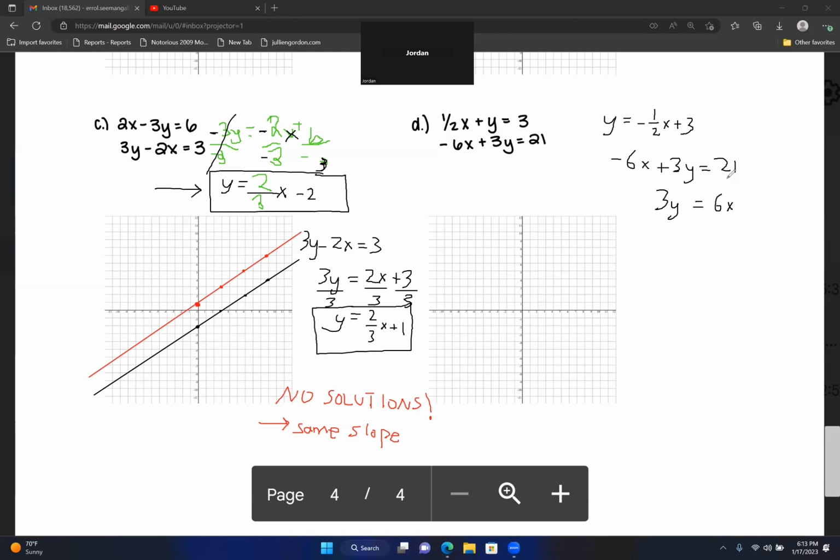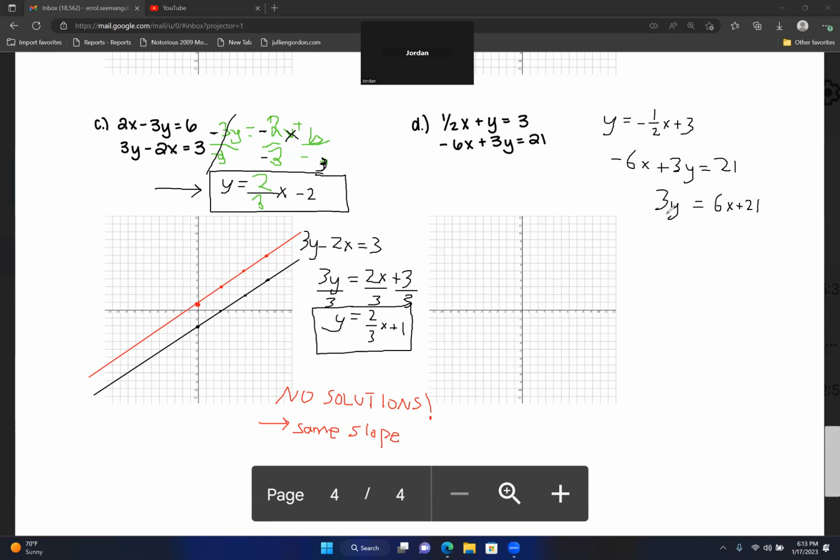The 21's already on the right side, so what's the sign in front of it? Positive. So that's why this is positive 21 here. If you're not moving it to the opposite side of the equal sign, the sign will stay the same. If you are moving terms to the opposite side of the equal sign, that's when the sign will flip.